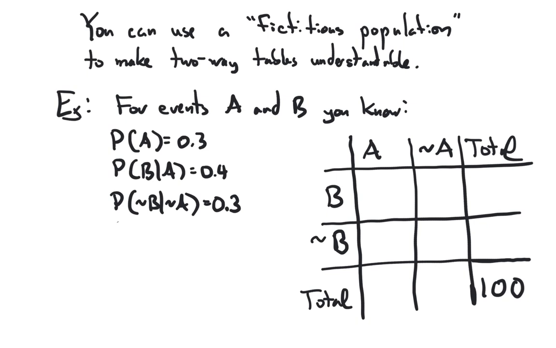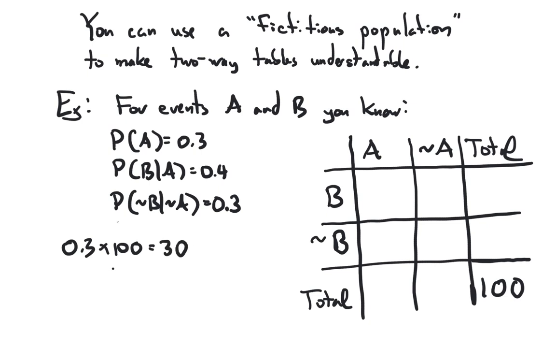So if the probability of A is 0.3, and there's 100 people in my population, then this box here, the total for A, the number of people, is going to be 0.3 times the population, which is 30 people.